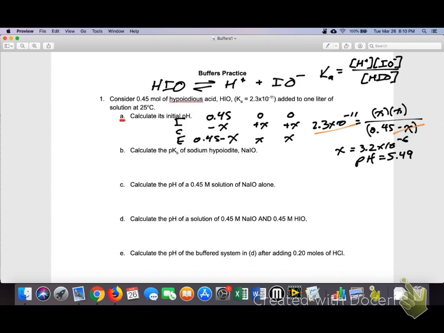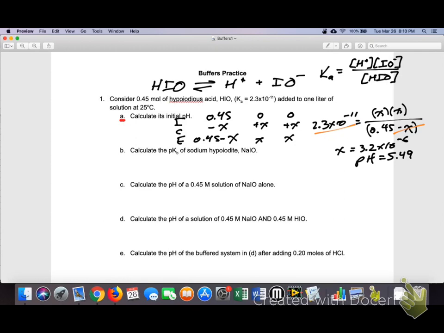And those hypoiodite ions are going to act as bases, right? They can accept a proton in solution and form the acid. And so if it is a base, then it has a base dissociation constant, or a Kb, and therefore it has a pKb. I can take the negative log of that Kb value.